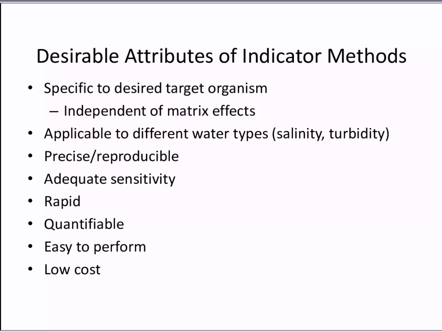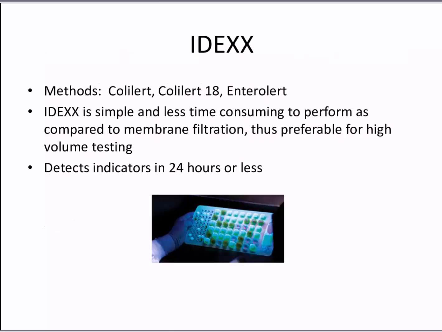So, we don't want to see differences based on salinity or turbidity. We want the methods to be precise and reproducible, to have adequate sensitivity, to be rapid, quantifiable, easy to perform, and low in cost. All right. First, I want to talk about the IDEXX method.